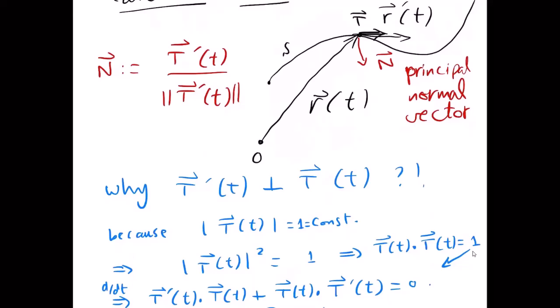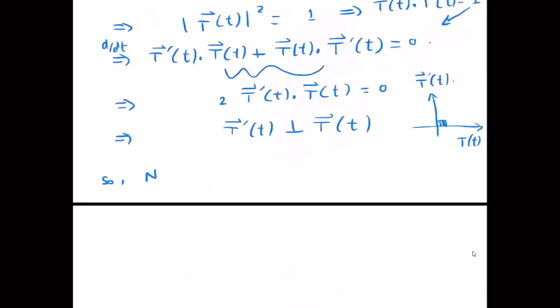The direction of T is always tangent to the curve in the direction of increasing s. And N, the principal normal vector, will always be on the concave side of the curve, inside the curve. At every point, we have the tangent vector, and we have the normal vector perpendicular to T.